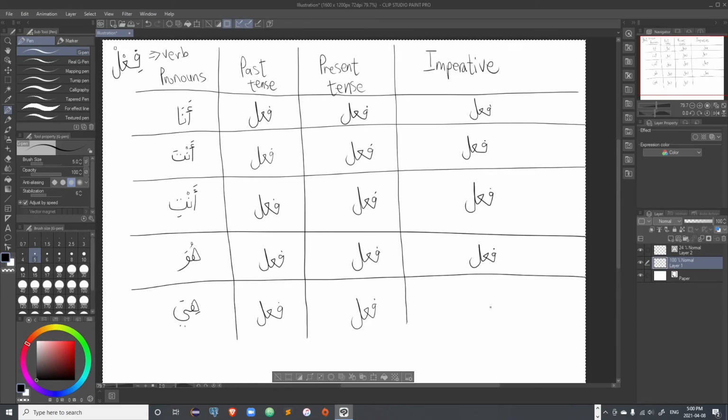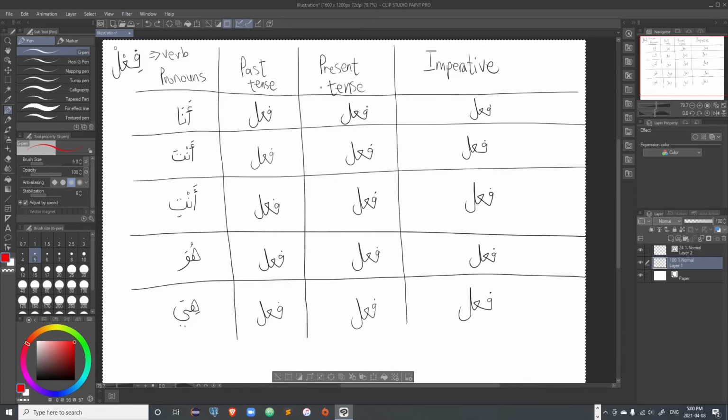Okay, and there we go. I made a mistake on purpose. I do not know if you caught it or not, but we will cover it once we reach the imperative column. So I will choose red to create enough contrast when I write the suffixes and the prefixes.